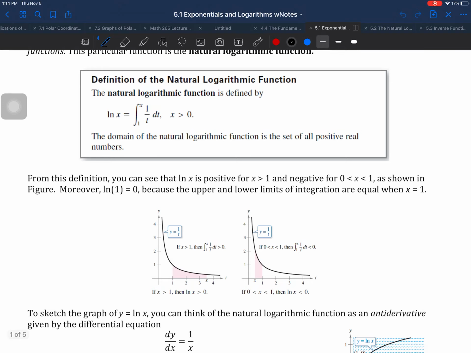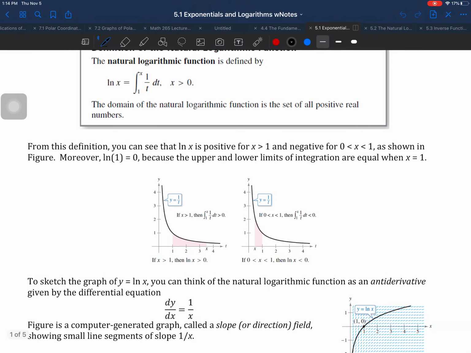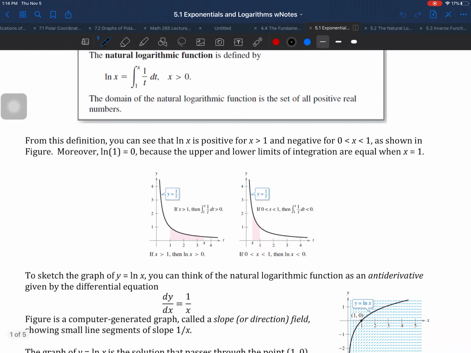The domain of the natural logarithmic function is the set of all positive real numbers. From this definition, you can see that the natural log of x is positive for all x greater than 1, and negative whenever x is strictly between 0 and 1, as shown in the figure below.